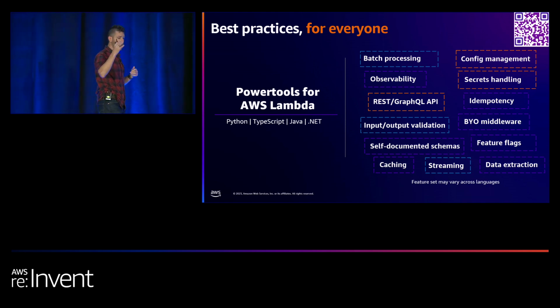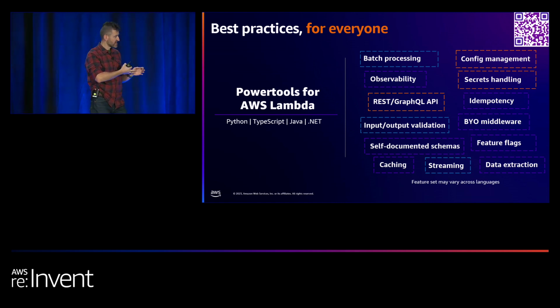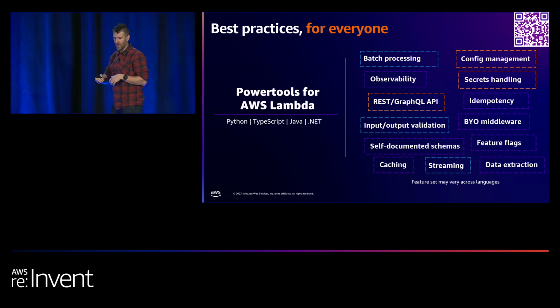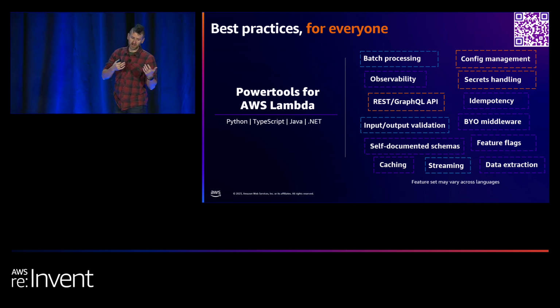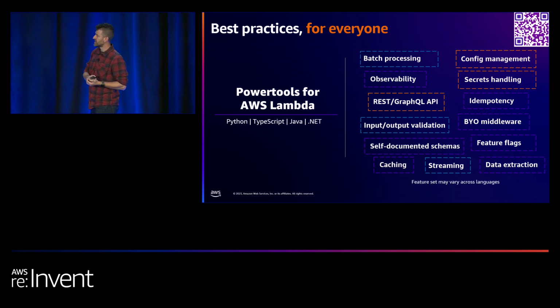They have a core set of functionality around observability with tracing and logging and metrics, but then they have a number of other features as well. Whether you want to build your own middleware, implement feature flags, idempotency, there's all sorts of cool features within here, so I highly recommend you take a look at those.